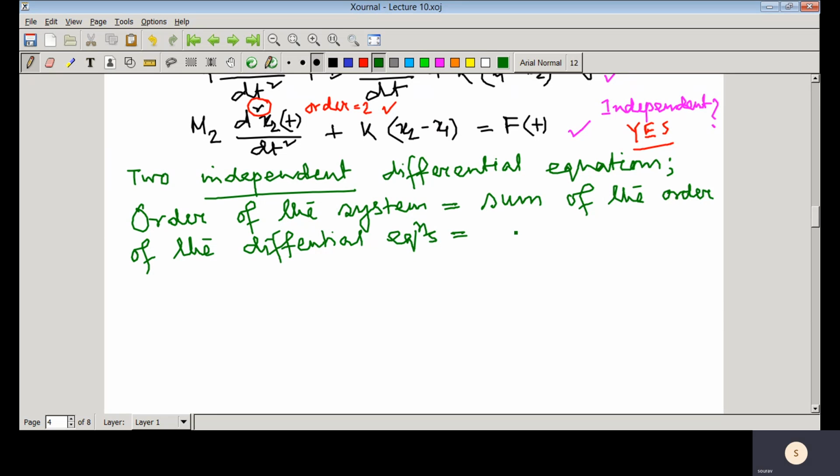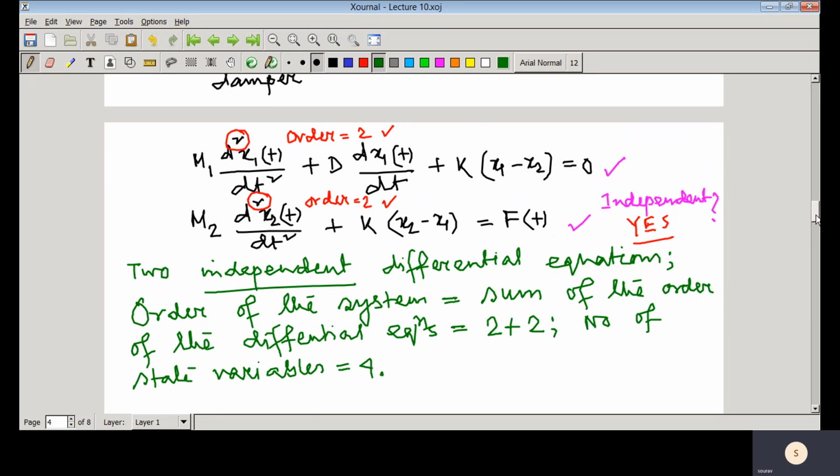In this case, you have 2 plus 2, that is 4. So the number of state variables you need to describe this system is equal to 4.